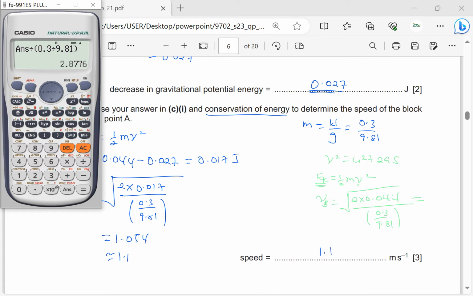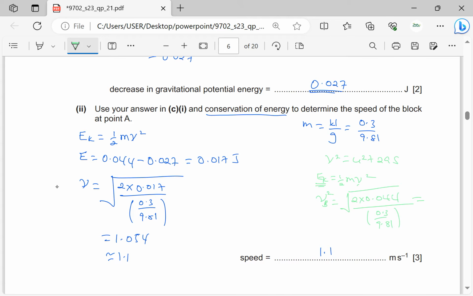Okay, I will not find the square root. Let me just find v squared, because I need v squared in that equation of motion. So I'll just maintain v squared and remove the square root.